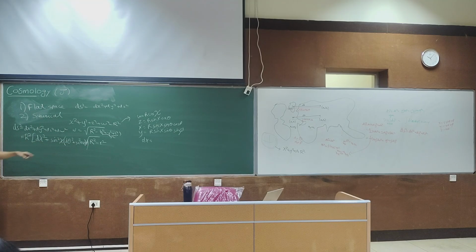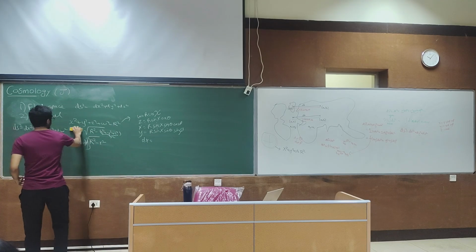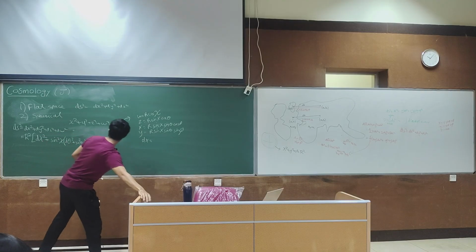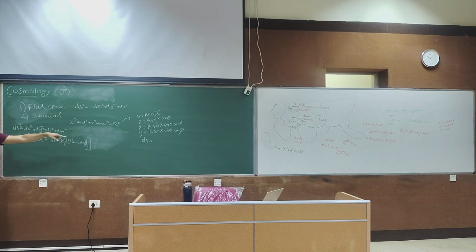Is this all right? Do you understand? I'll just erase this part. Do you understand what I have done? The calculations you can take as an exercise, but have you understood what I have done?